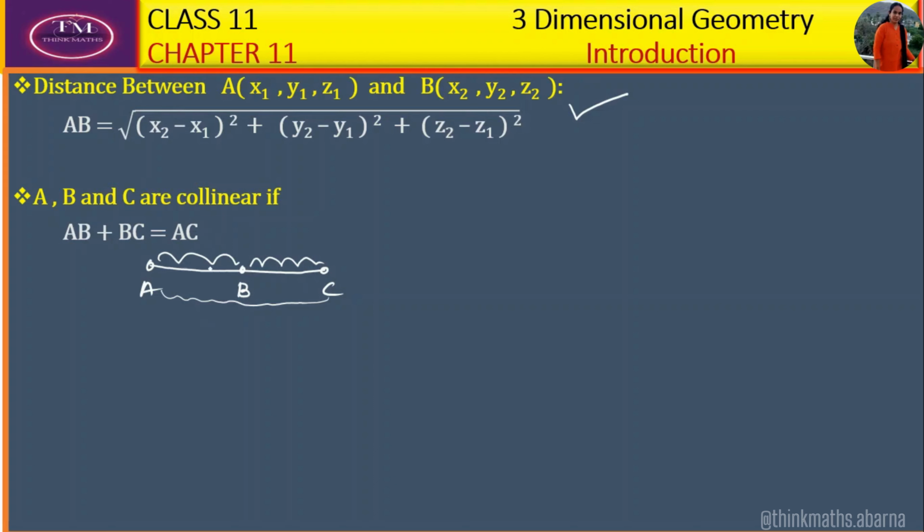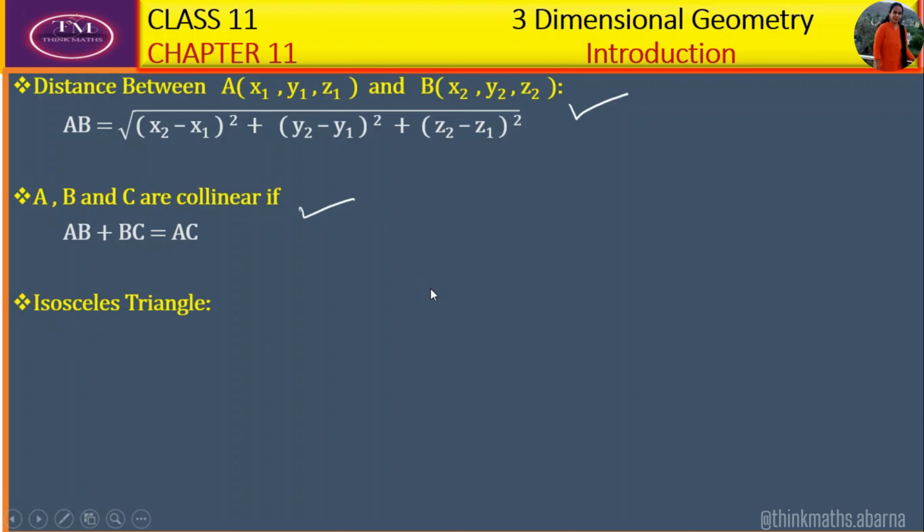Then we say these points are collinear. The distance AB plus the distance BC is equal to the distance AC. So this is the condition for collinearity. Clear? So this is the next formula we should learn.